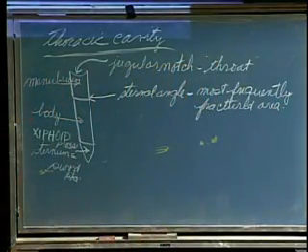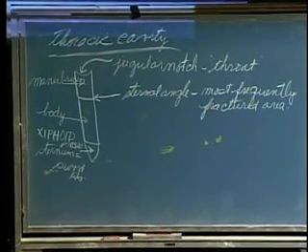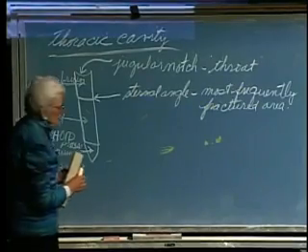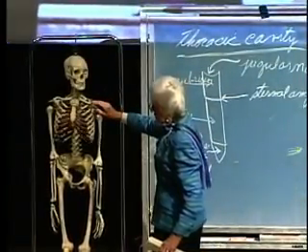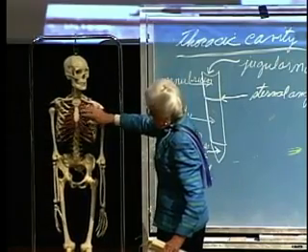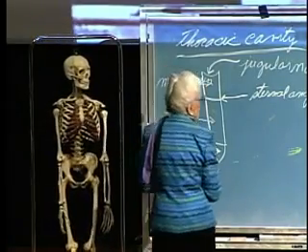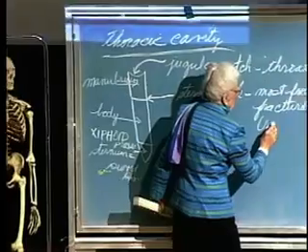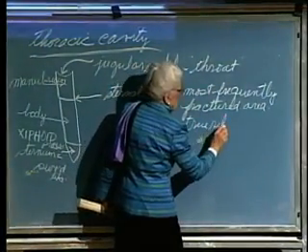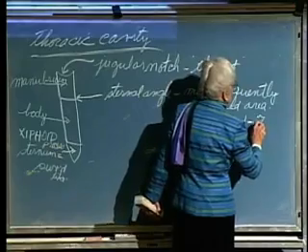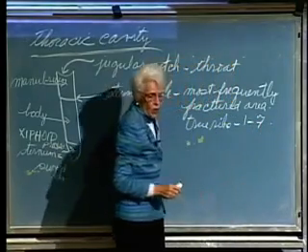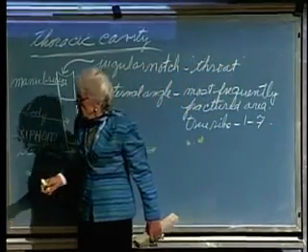And now we have to attach the ribs via the costal cartilages. We have 12 ribs. 7 of them are true. True ribs are 1 through 7. Why are they called true ribs?